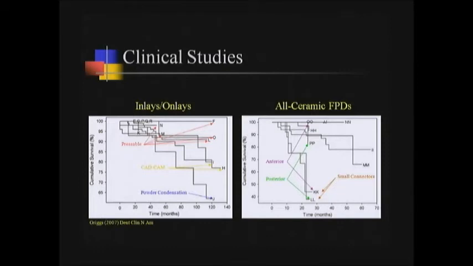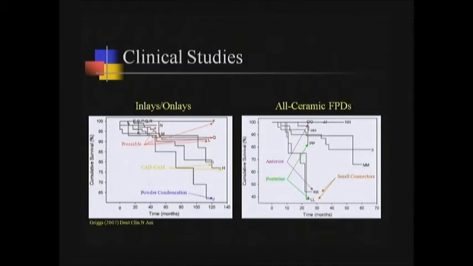And we can even begin to note some patterns, like the processing method used to form the material into the shape of the restoration. Inlays and onlays, you can look at pressable materials lasting longer over time than, say, CAD-CAM products, which last longer than a powder porcelain, which is condensed.